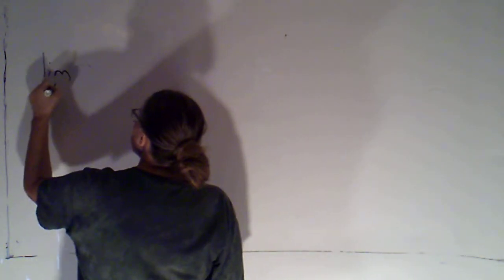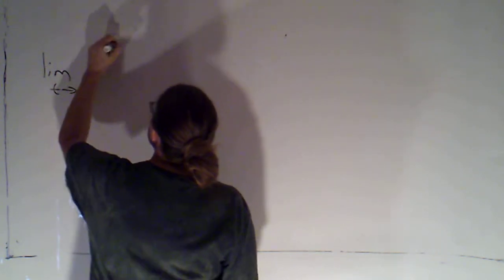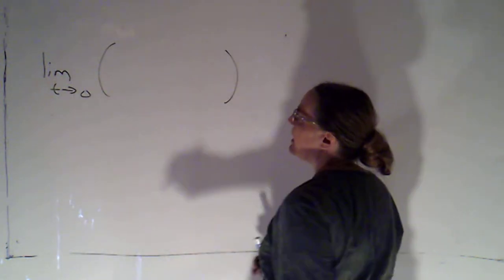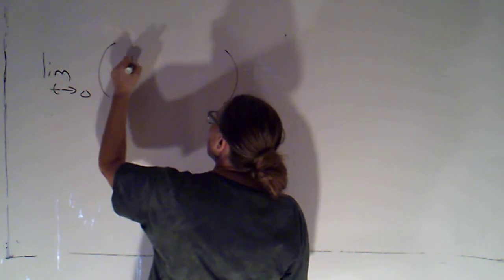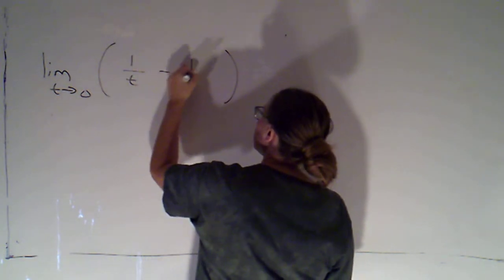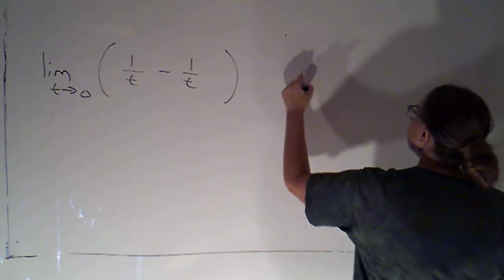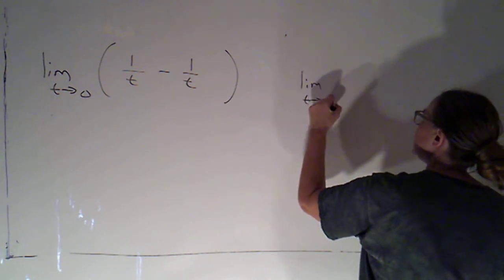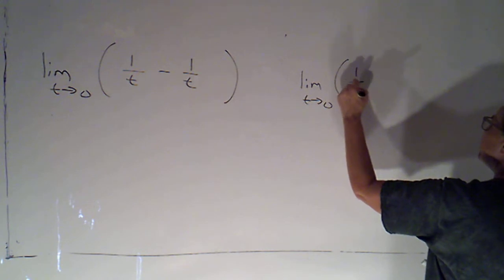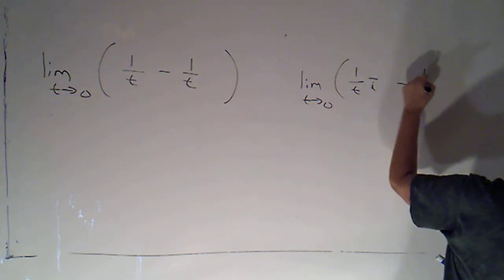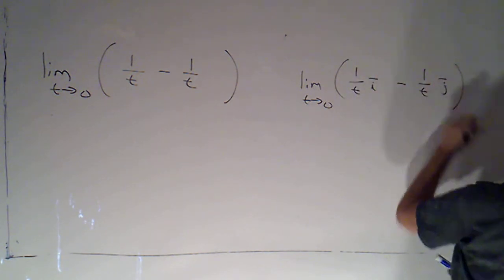Let's look at the limit as t goes to 0 of 1 over t minus 1 over t. Okay. And let's look at the limit as t goes to 0 of 1 over t i minus 1 over t j.